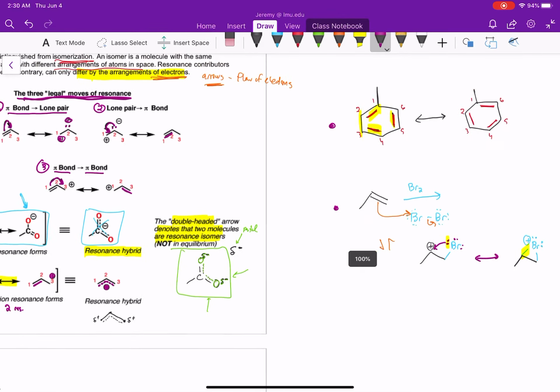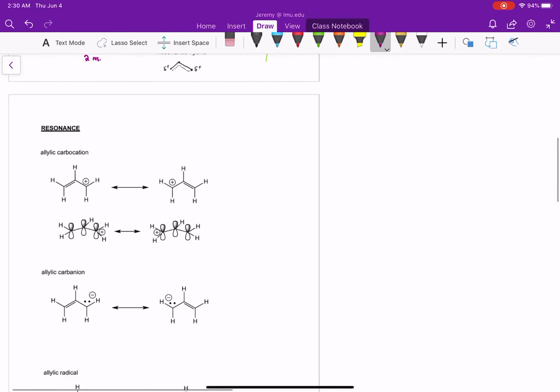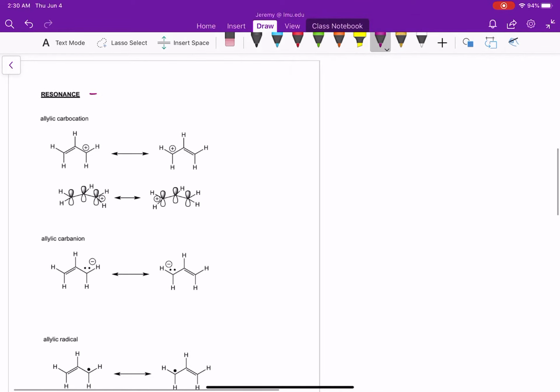But really, the majority of the resonance structures that we're going to talk about are focused on conjugated systems. They're really focused on conjugated systems, right?